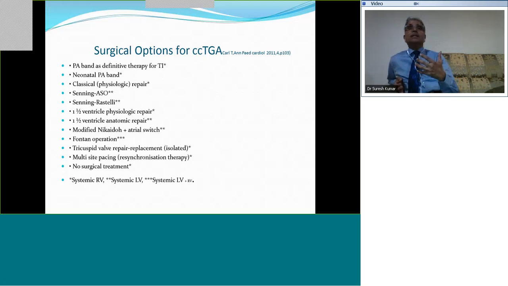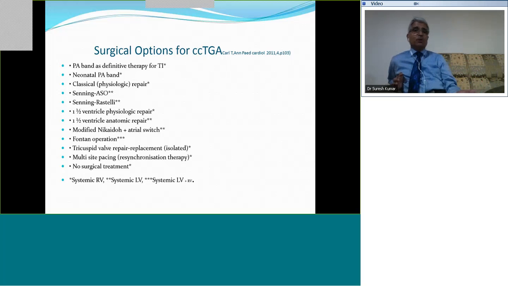Nikaidoh is not very popular with corrected transposition because of the high risk of AV block. The Fontan operation we already discussed, and addressing the AV valve, the tricuspid valve repair or replacement, and in resynchronization therapy, the multi-site pacing to deal with systemic ventricular dysfunction.